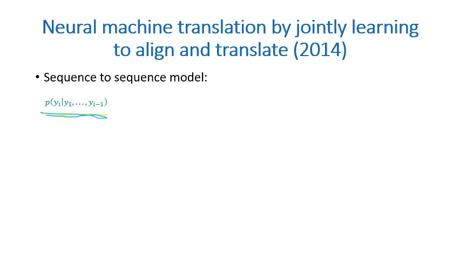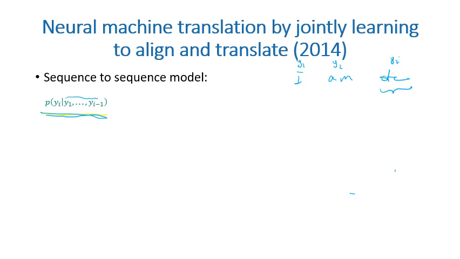Say, for example, you have a sequence of words, I am student, and you're at this position. You want to predict this word, say yi. You have to condition on all of the words that you have observed so far.